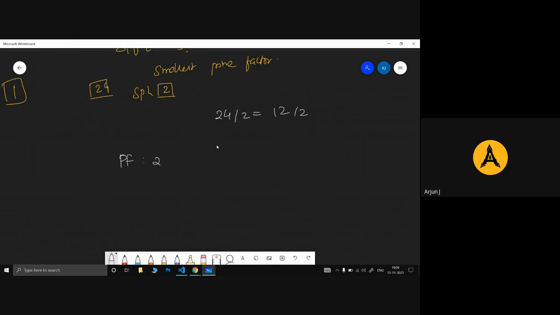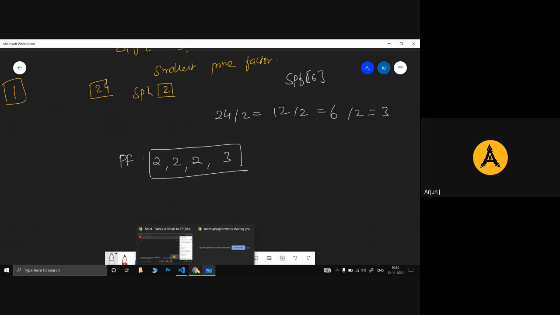So we divide it by 2 and push back another 2. Now this will become 6. For 6 also, SPF of 6 is going to be 2 again. So we divide this by 2 and push back a 2, and it is going to be 3. And we see that 3 is already a prime number, so we push back 3. So the prime factorization of 24 will be 2 power 3 into 3. I hope you get it. So this is how this algorithm works.